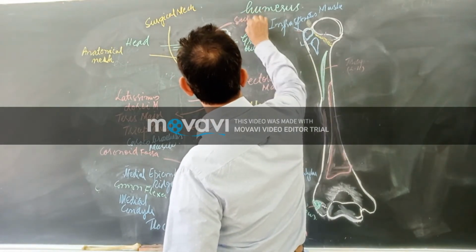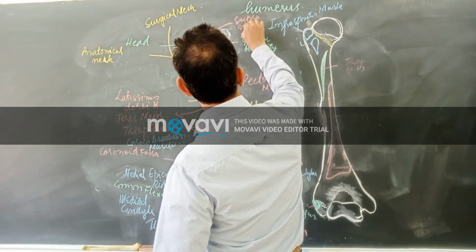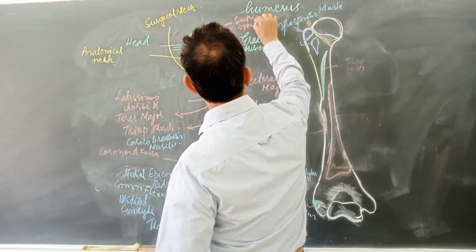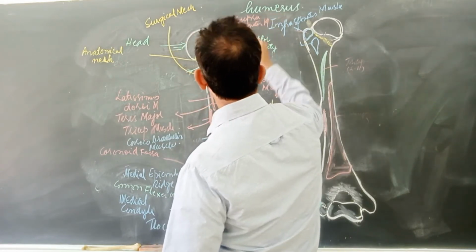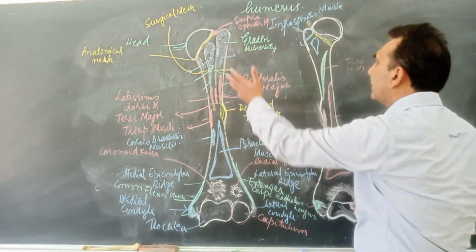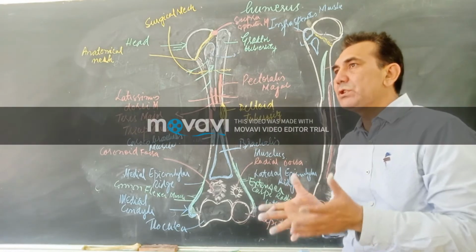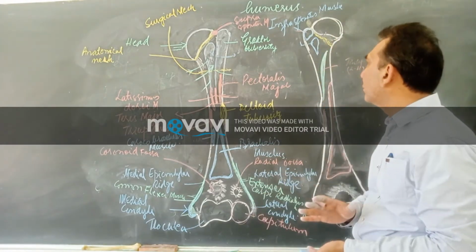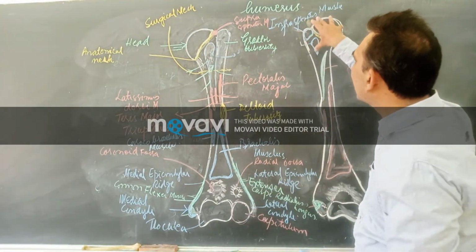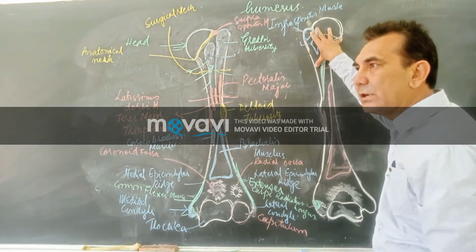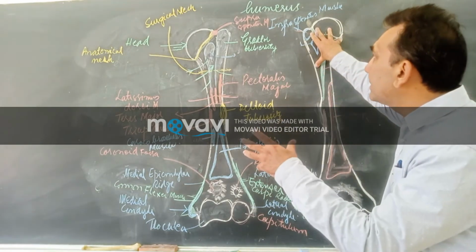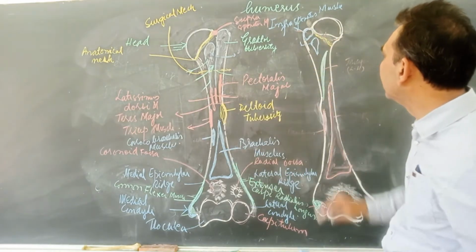This is for the supraspinatus muscle's attachment. The infraspinatus and supraspinatus are two muscles which originate from the scapula and attach on the greater tubercle of the humerus bone.